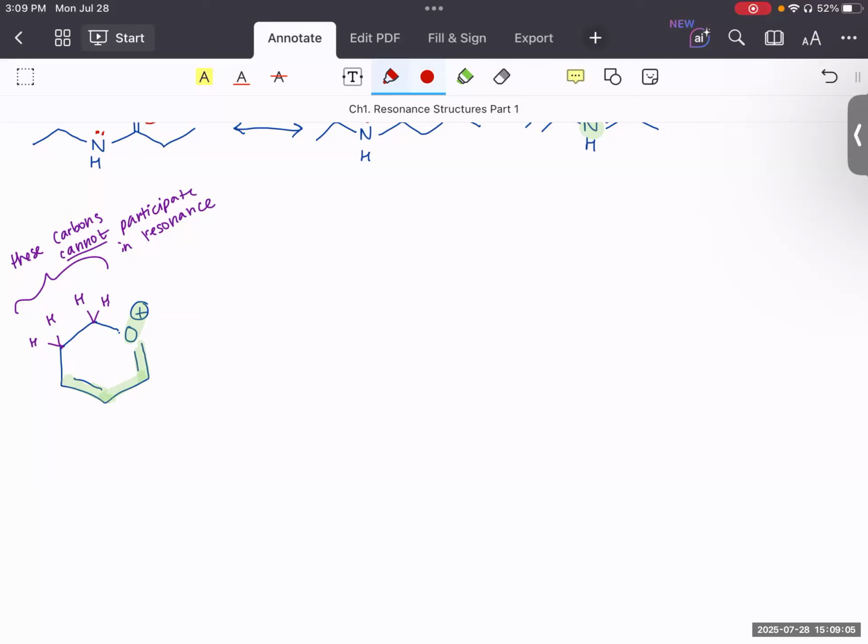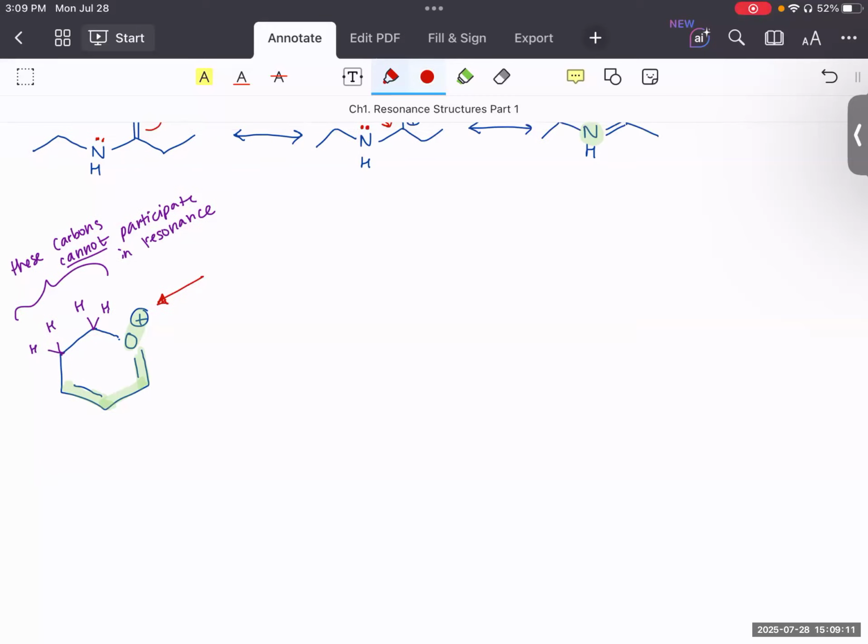And so we know that whenever we have a positive charge, what we should be thinking about is how do we get electron density over to that positive charge? So we don't want to start our arrows at the oxygen. We want to think about where can electrons shift over to provide that oxygen with electrons. And so here what we can see is that there's a double bond that's directly adjacent to it.